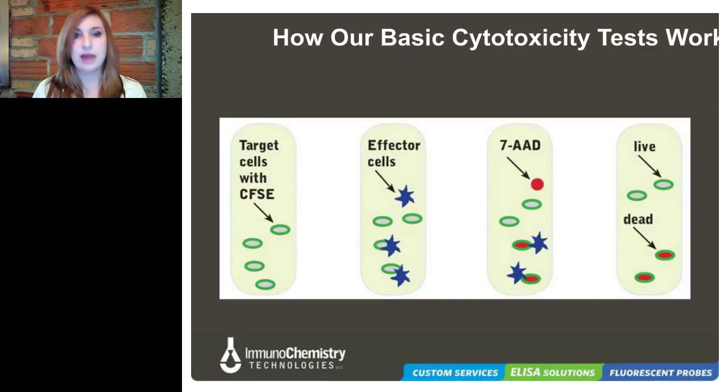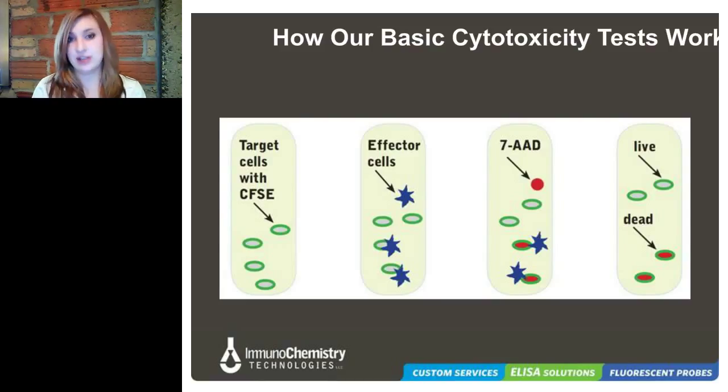First I'm going to run through how our basic cytotoxicity tests work using this nice little diagram we have. First, you purify your target cells and you stain these with CFSE, which is a green membrane stain, to distinguish them from unstained effector cells during flow cytometry analysis. Next, you'll add your effector cells or toxic agent to the target cells.